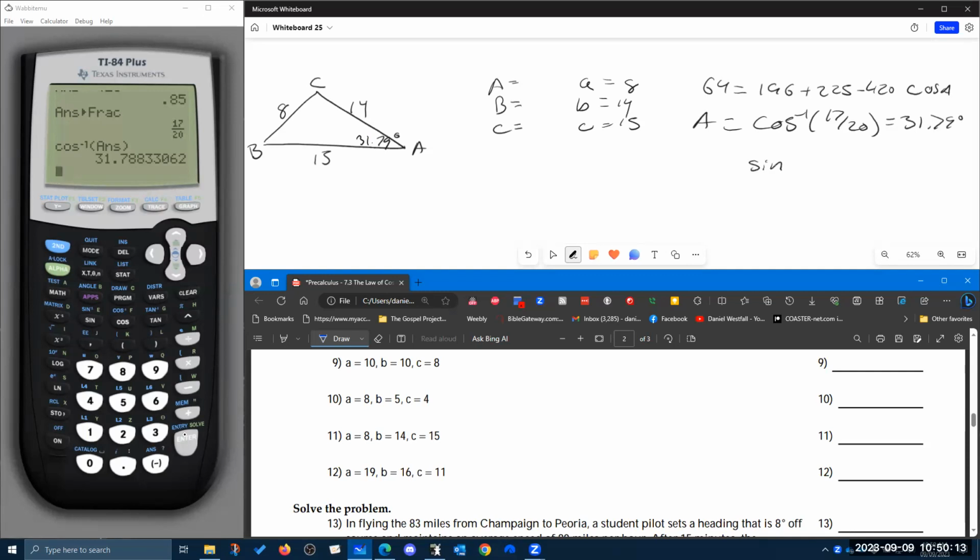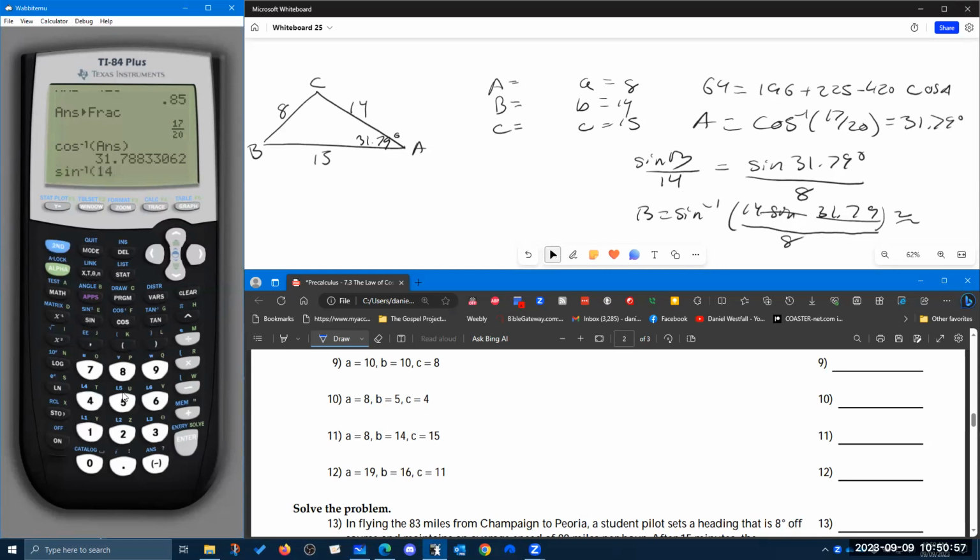So then we use that over a. We use B. It's going to be arc sine of 14 sine 31.79 over 8, about, let's see, arc sine of 14 sine 31.79 divided by 8 would be 67.21, and this was 31.79.